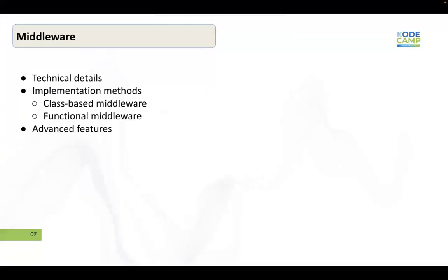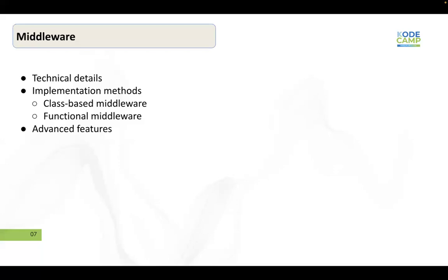So moving on, we have middleware. For middleware, we look at the technical details, implementation methods, then we have the class-based middleware and the functional middleware. We'll also highlight some advanced middleware features.